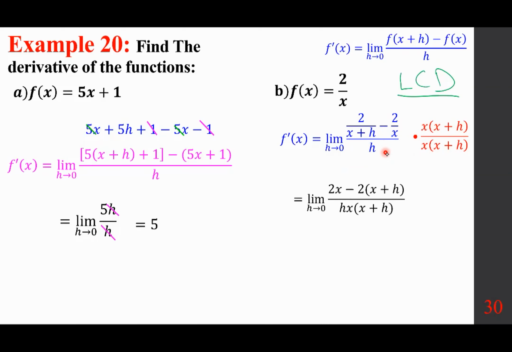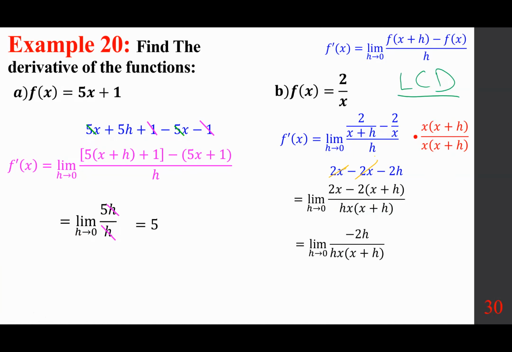And so what happens? All we have to do is distribute and simplify the numerator. So 2x minus 2x minus 2h, and the numerator is simply negative 2h.